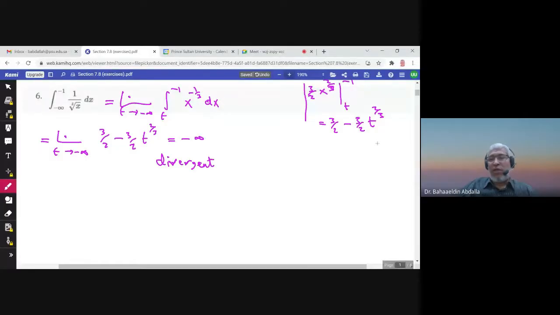So the limit would be negative infinity, and the integral is divergent. Don't forget that t to the power 2 over 3 is just the third root of t to the power 2. You can write it like this, or with the 2 inside.